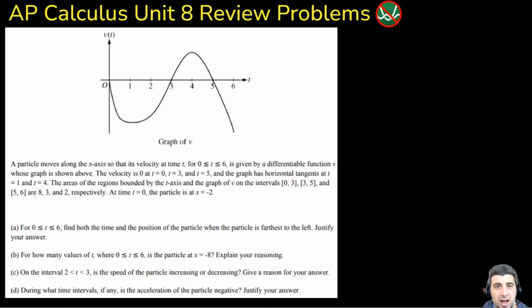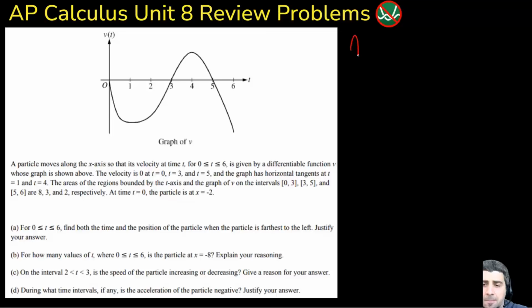So from 3 to 5, the velocity is positive, and then at 5, the velocity changes to negative again. So potentially, t equals 6 could also be the absolute minimum, which would be when the particle is furthest to the left. So we need to not only find those values, but also justify our answer. Here's how we're going to do this.